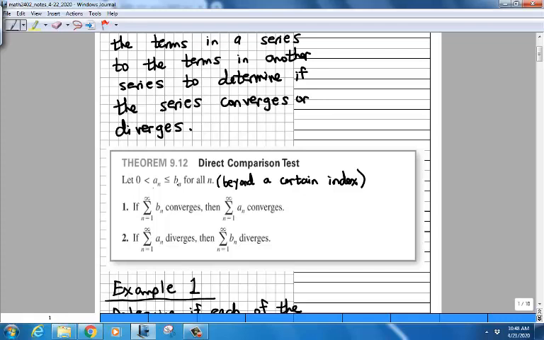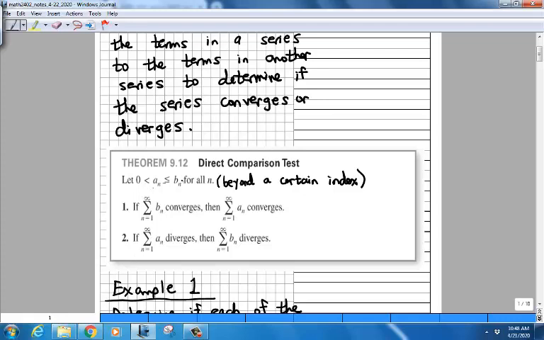There's no way it can add up to a finite number if the smaller series already adds up to infinity. So you get the idea here. You're looking at two series, and you know for some reason the terms of one of the series are always bigger than or equal to the terms in the other series. Then if you have knowledge about the convergence or divergence of one of those two series, that can give you information about the other series.